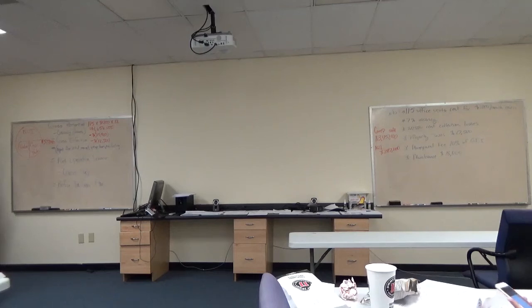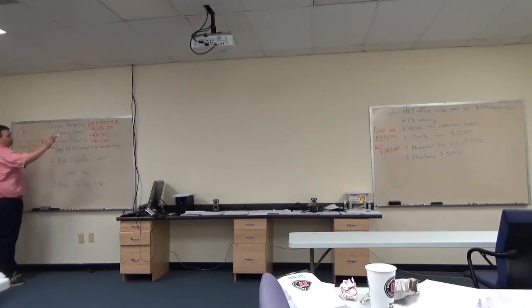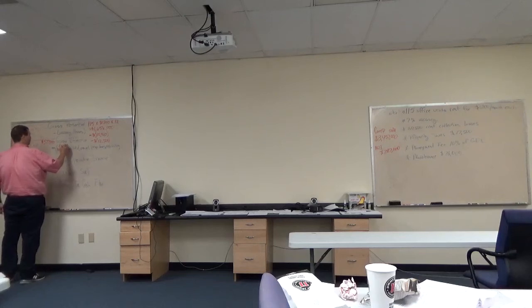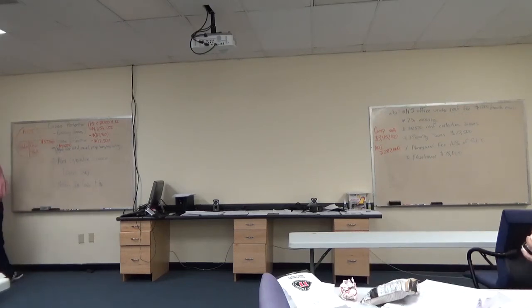Yes? All right. Why is that number reported again? What do I calculate based off of that? My management fee. So, my management fee is how much over there? 10% of my gross effective income, so 10% of this number is going to be $152,758 annually for a management fee.